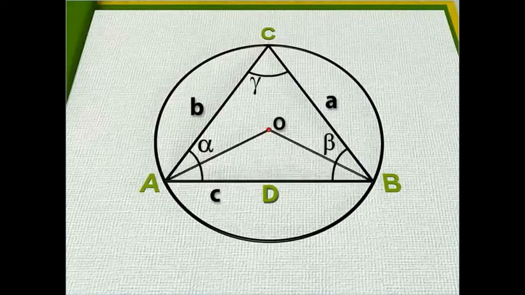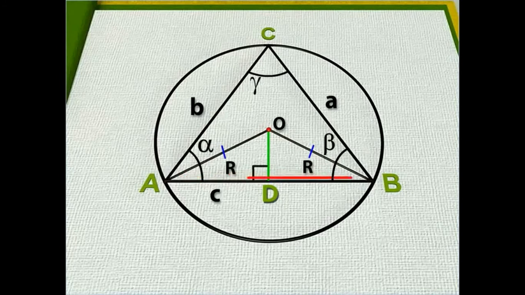Since OAB is an isosceles triangle, the perpendicular bisector of AB and the bisector of angle AOB will coincide with each other, as the angle subtended by an arc at the center of the circle is twice the angle subtended by the same arc at the remaining part of the circle.